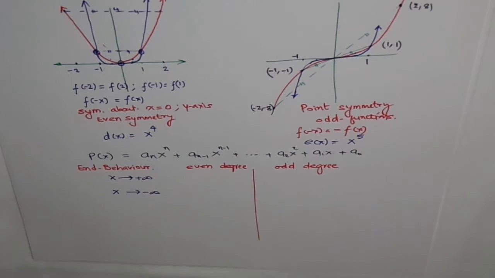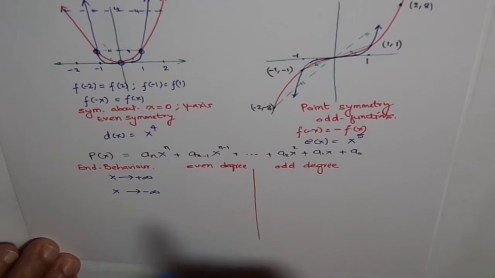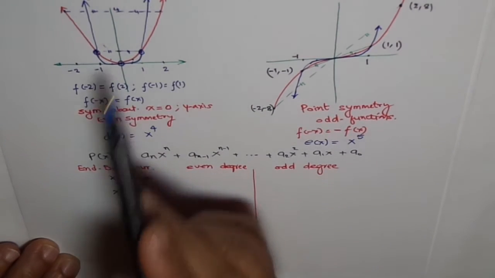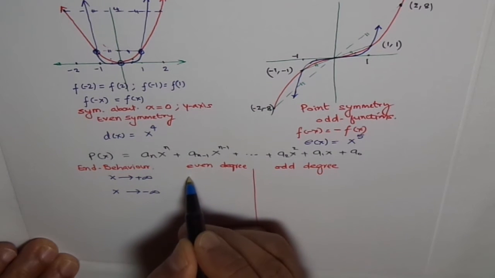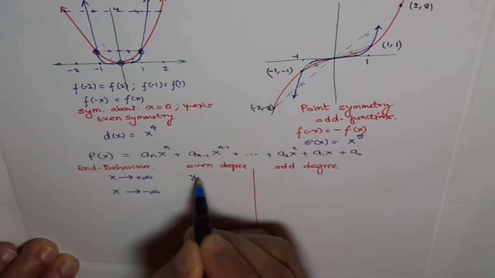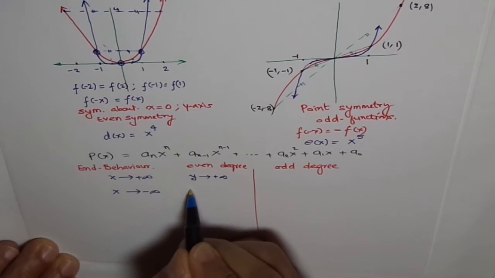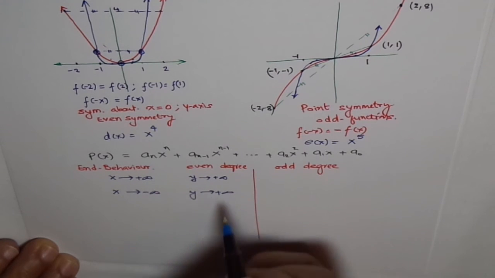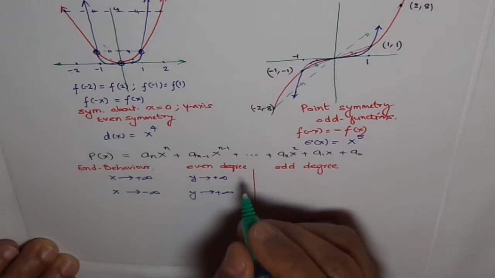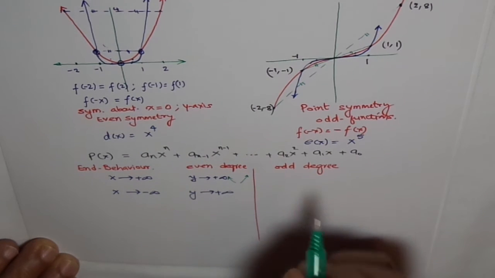right? So for even degree, what is happening? This is our even degree function, right? For even degree function, when x approaches positive infinity, y or the f(x) or q(x) also approaches positive infinity, correct? In both the cases, both the sides face the same direction. Do you see? Even functions face like this, correct?